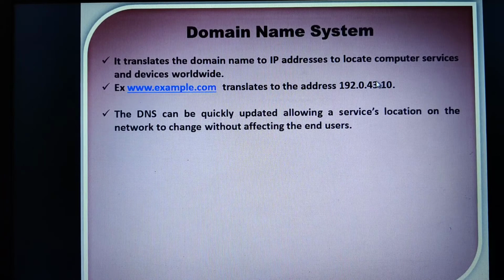Clear? Just as we use a phone directory to find out phone numbers, the DNS can be visualized as the phone book for the internet. It translates the domain names into IP addresses.